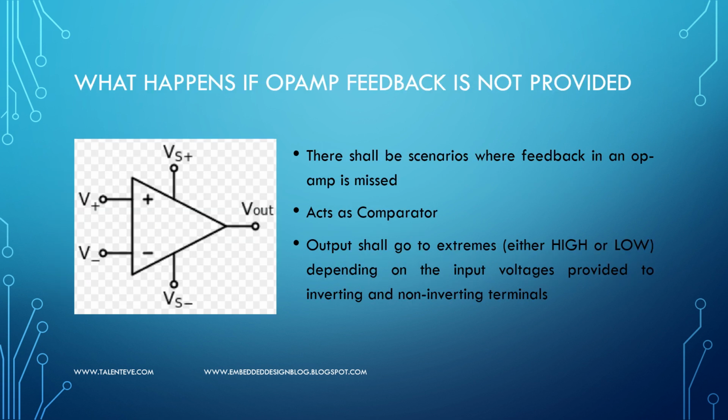And continuing our discussion, there is one more point which we need to remember in op amps. Let us take a scenario where we did not give any feedback to the operational amplifier. We just provided some voltage to the inverting terminal and some voltage to the non-inverting terminal. In this case, as the feedback is not provided, this simply acts as a comparator.